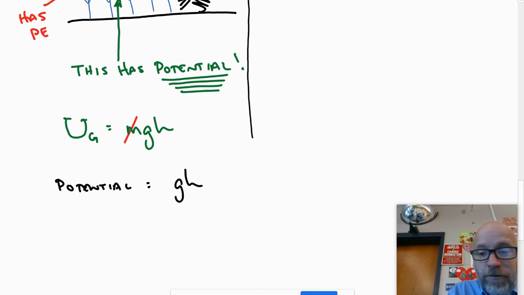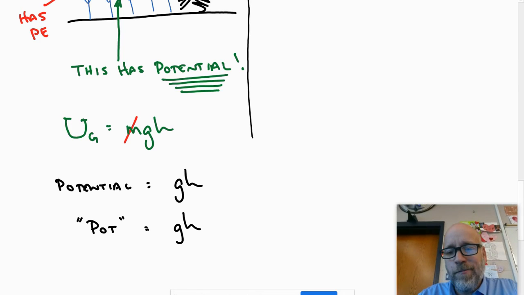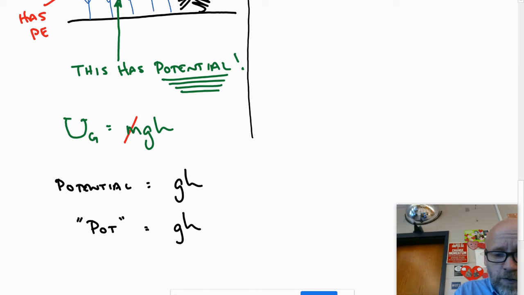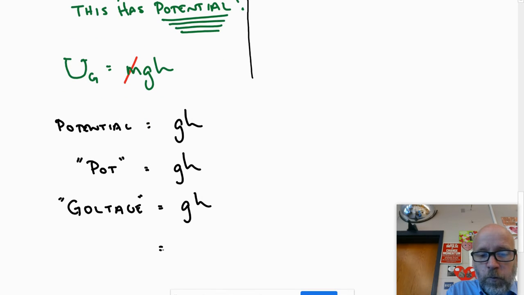Now, last year we didn't really talk about that. It doesn't have a great symbol. In fact, sometimes we just call it pot, but then everybody snickers, so that doesn't work great. So instead, I will sometimes refer to this idea of gravitational potential as goltage. Goltage is equal to the field strength times the distance. Ooh, let's write that out.